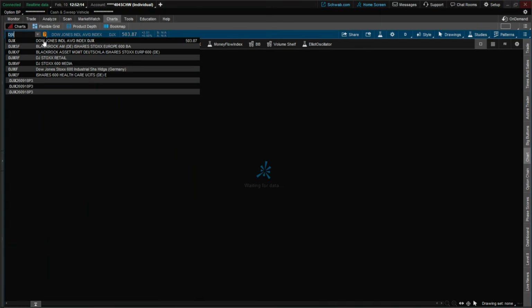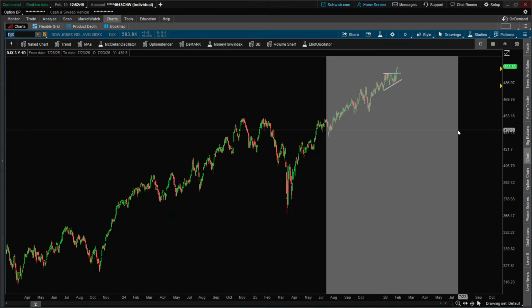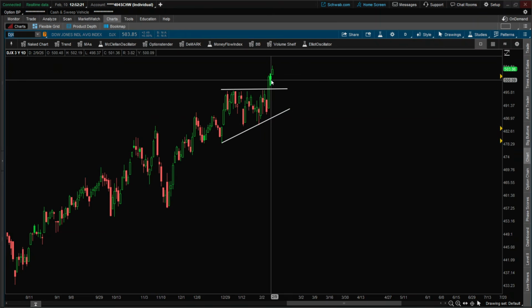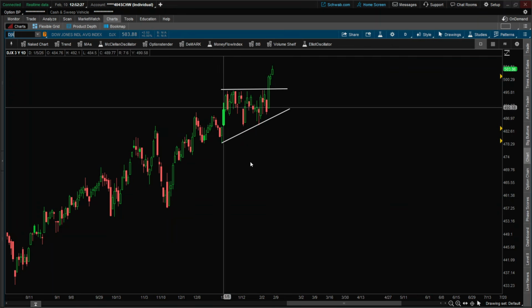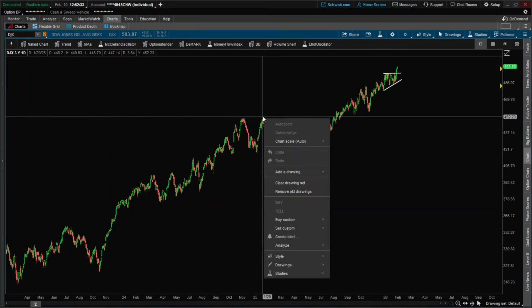DJX. This had the ascending triangle. We didn't get the reversal off of that candle, but we're looking for another reversal candle here. And there's a couple trend lines that we could draw that cross with that.